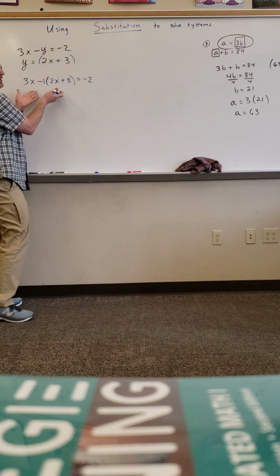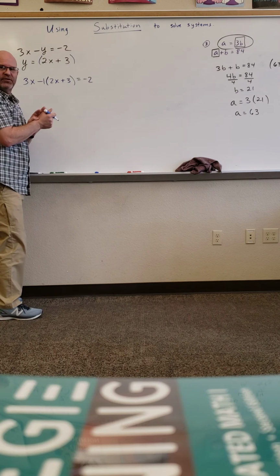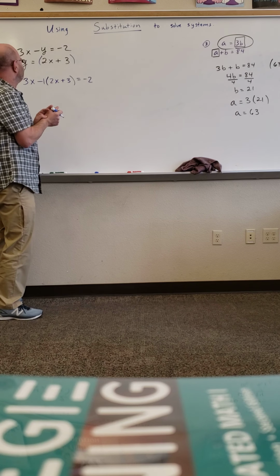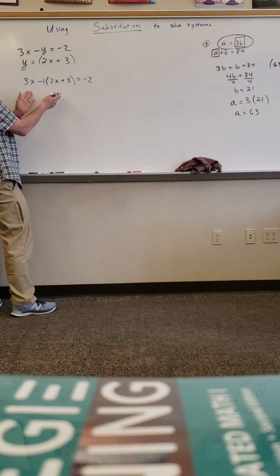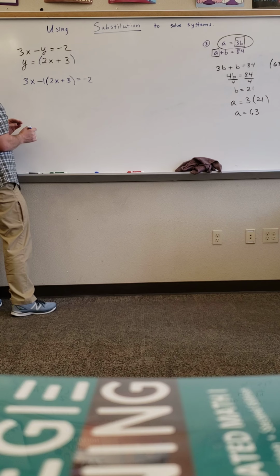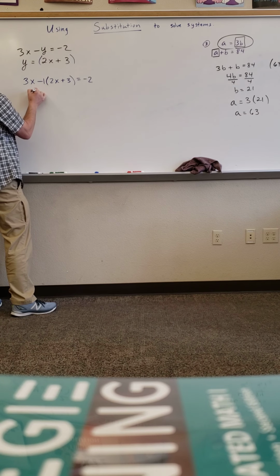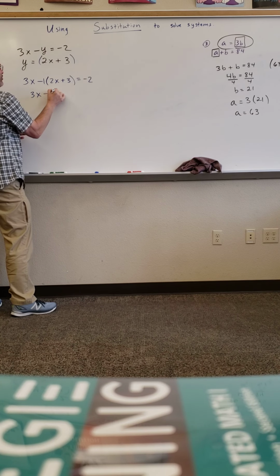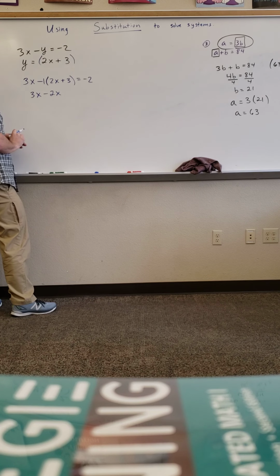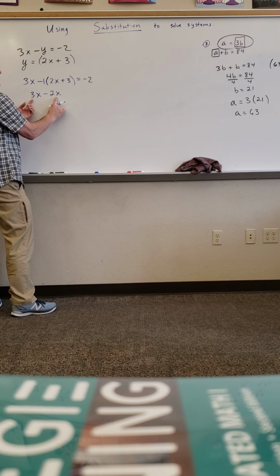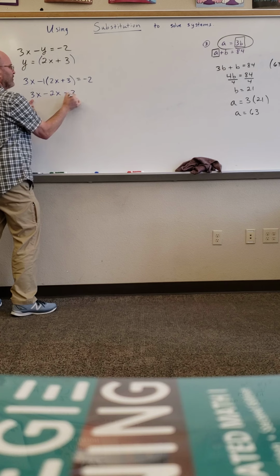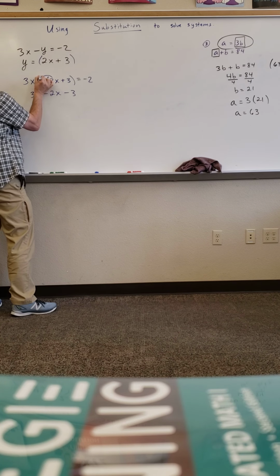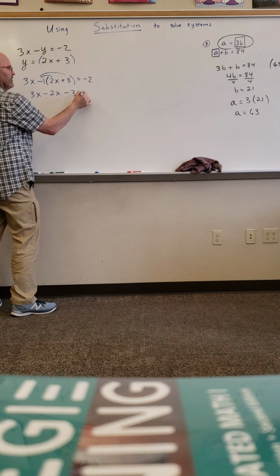It's one of the important skills for using substitution in algebra. So to complete this problem, I'm going to distribute negative 1, and when you do, the parentheses are going away. So I have 3x minus 2x, and then minus 3 because the negative 1 distributes to both of those terms.